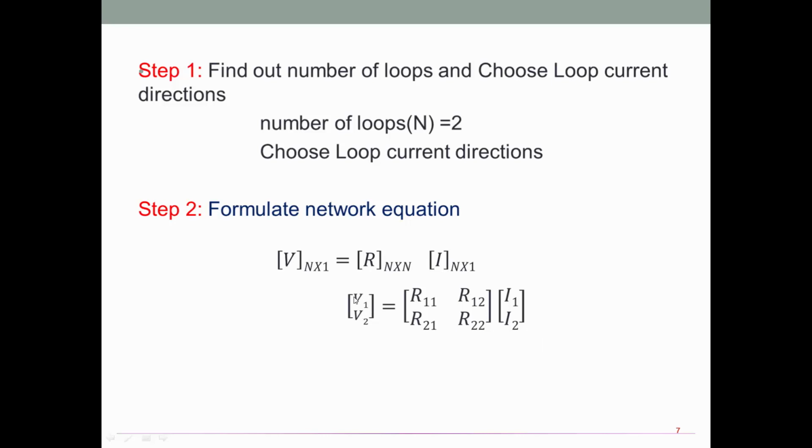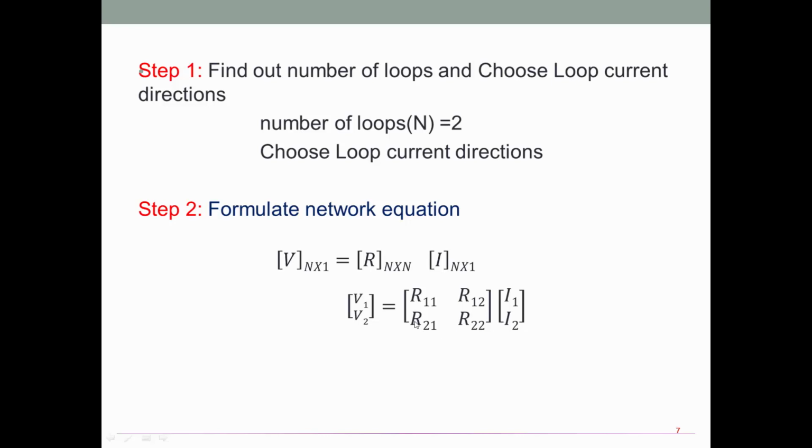So what is V1? V1 is the total voltage in loop number 1. Similarly, V2 is the total voltage in loop number 2. Moving on to the resistance matrix, R11 is the total resistance in loop number 1. Coming to the other diagonal element, R22 is the total resistance in loop number 2.